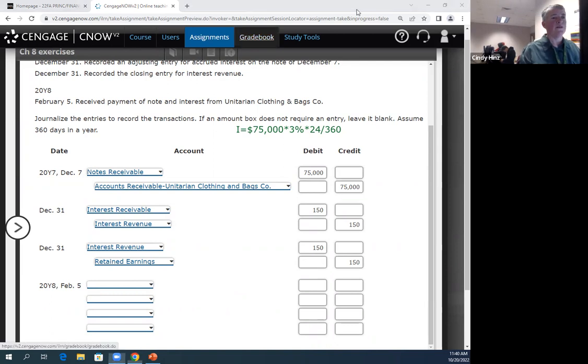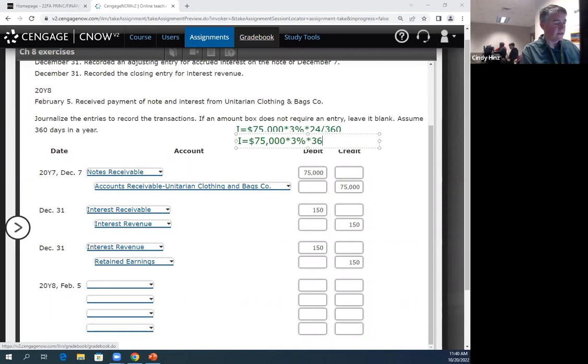Well, how much do they owe us in full? We already know they owe us $150 from last year. How much more do they owe us? The full note was for 360. The full note was for 60 days, right? 60 days. 24 of those, we already recorded the interest.